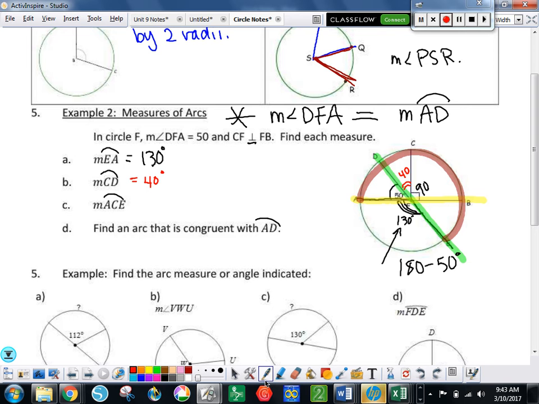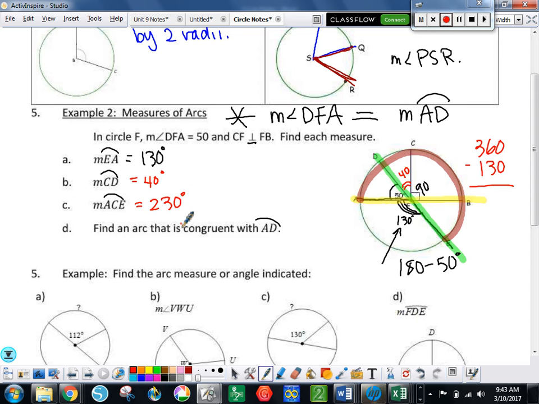Any ideas? 230? How did you get 230? By the way, that's not the way I would have done it. That's totally fine. There's about 4 different ways to do this. Perfect. So we already figured out this was 130, right? Subtract the 130. That's actually a lot easier than the way I would have done it. You said 230? Very good.